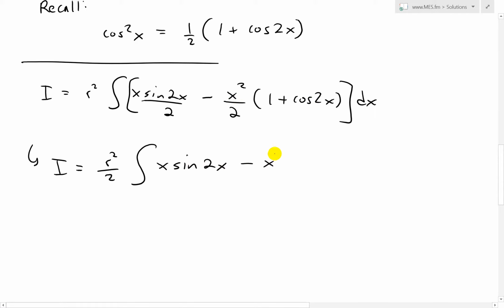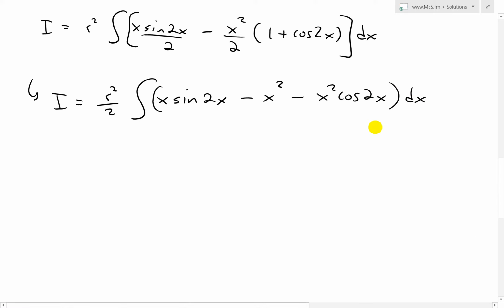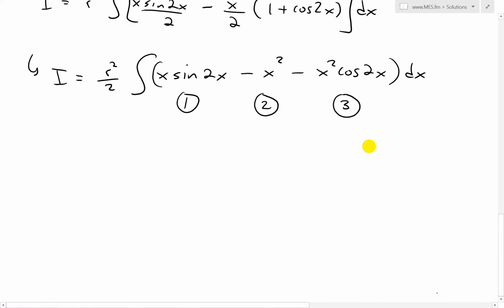So we have negative x squared minus, now we have x squared cosine 2x, and the whole thing dx, like that. So what I'm going to do is, now we have an integral of 3 different parts. I'm going to break this down into the first one here, the second one here, and the third integral there, and we're going to work with those separately.